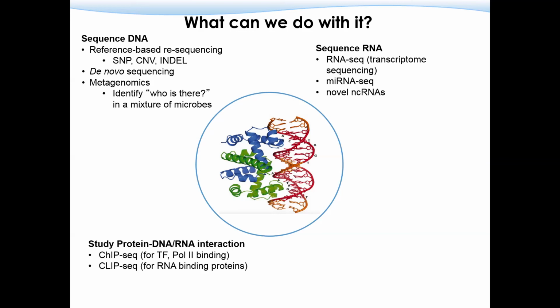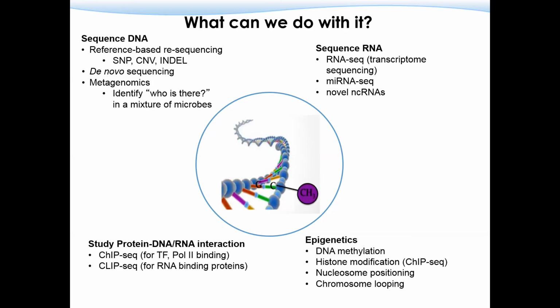The third type of technology is to study protein-DNA and protein-RNA interactions. The technology is called either ChIP-seq, if you work on DNA binding proteins, like transcription factors, RNA polymerase, or histone markers, or CLIP-seq, if you are working on RNA binding proteins.